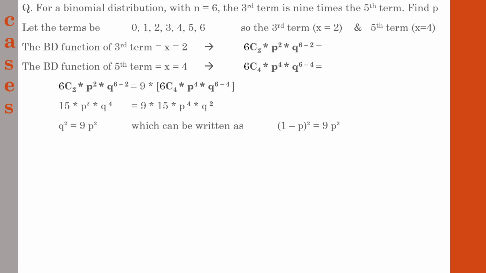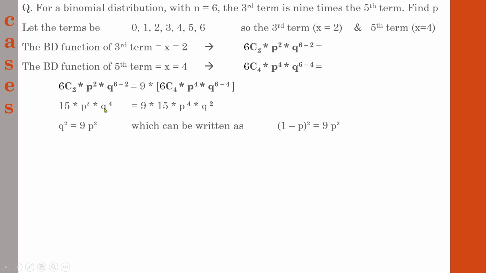You may wonder how I came to that statement from the preceding one. It is just like a situation where 6 equal to 2x. Then what will I do? x equal to 6 by 2, just like that.